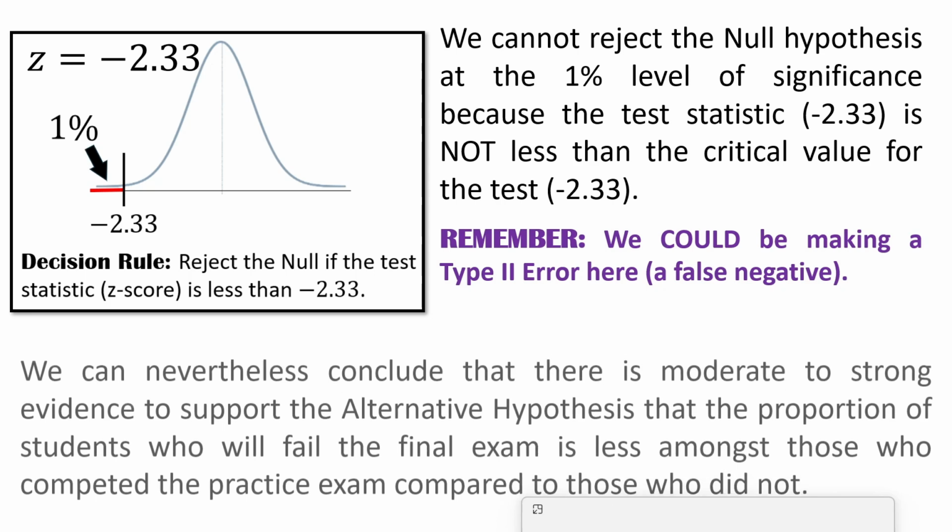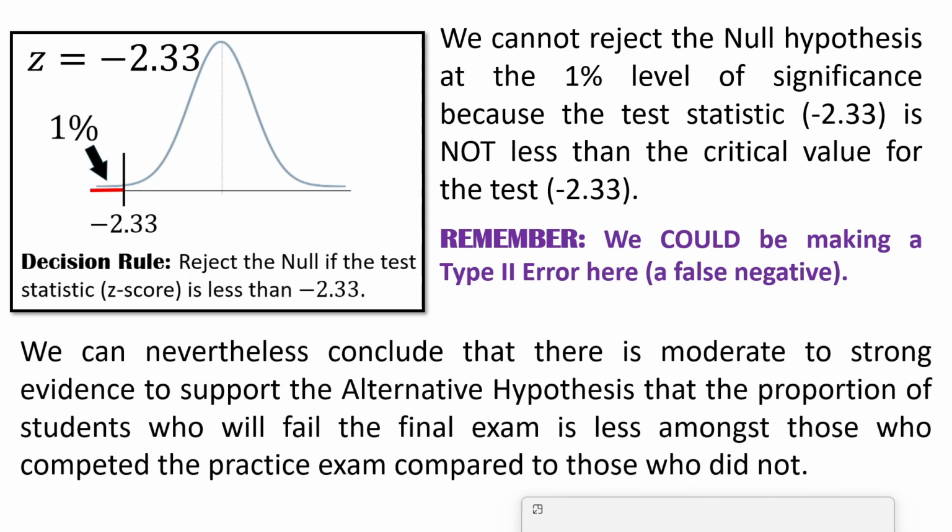Now, I want to point something out here. Even though we didn't reject, a 1% test is a stringent test. And that's because when we set the level of significance to 1%, we're saying we're willing to take a 1% chance of falsely rejecting the null. So that's quite stringent as a test.